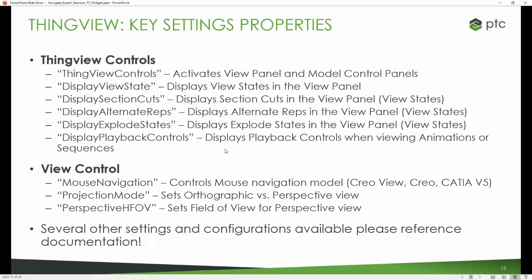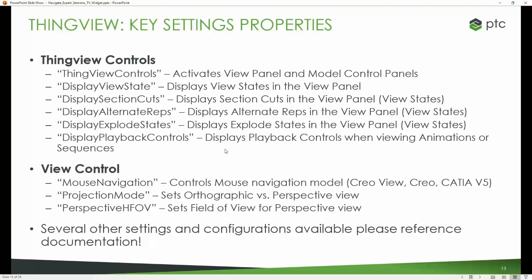CreoView, which will emulate the mouse controls available from CreoView. Creo, which will emulate the mouse controls available from Creo Parametric. And CATIA V5, which emulates the mouse controls available from CATIA V5. You can set these at a mashup level, and that way the users will be using a set of mouse controls that they're typically used to.